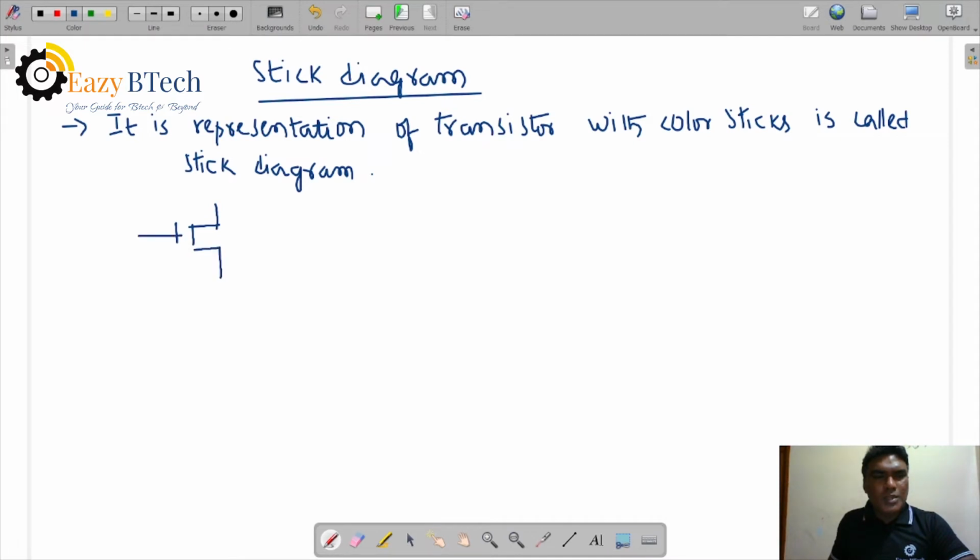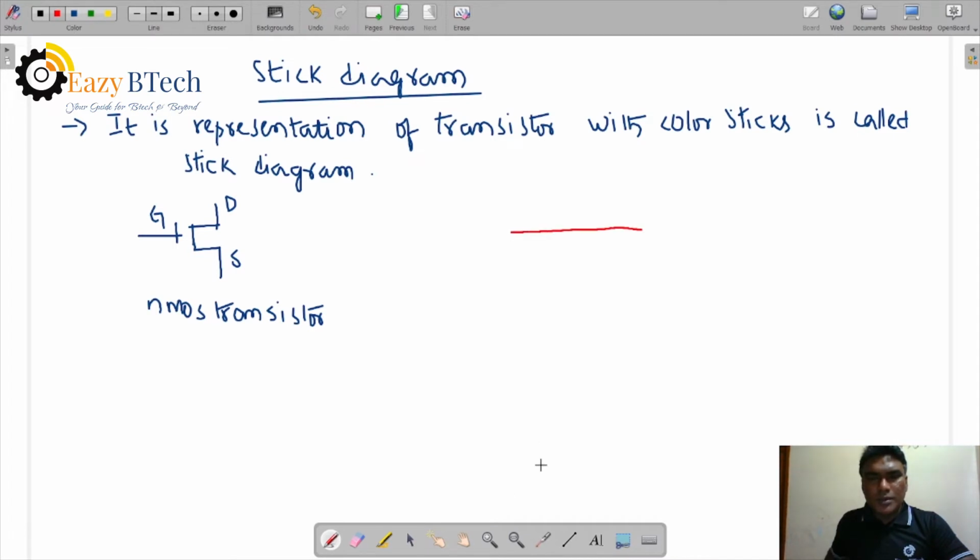This is an NMOS transistor, with gate, drain and source terminals. It is an NMOS enhancement mode transistor. Now what is the stick diagram of this one?